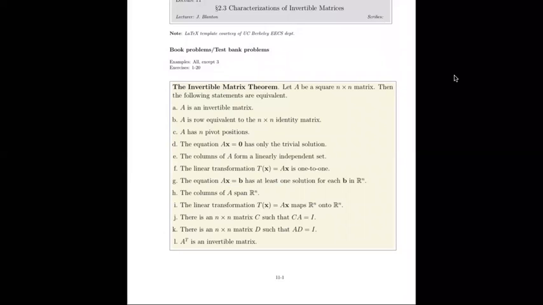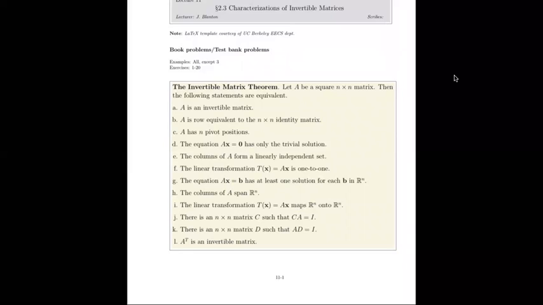Now the columns of A span Rn, right? That's also an expected scenario. So really this is just all the usual suspects rounded up into one theorem. Depending on what your application might be, any one of these things could be useful. So it maps Rn onto Rn, that's great to know.